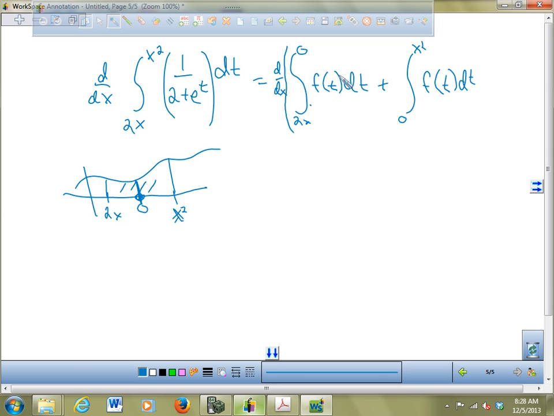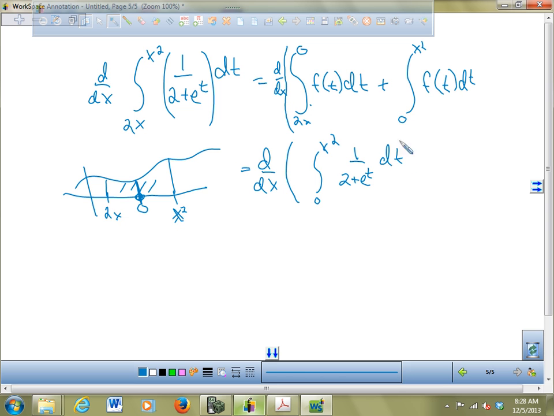So what do I have to do to this to integrate it? Flip it and make it negative, right? So I'm going to rewrite this as the derivative of the integral from 0 to x squared of this thing, 1 over 2 plus e to the t dt.